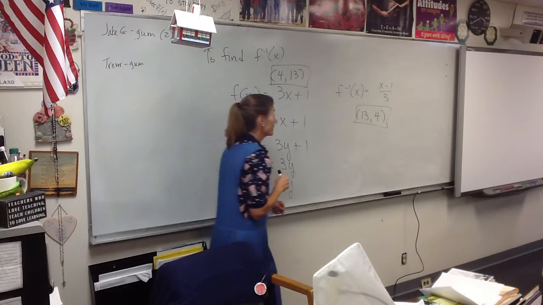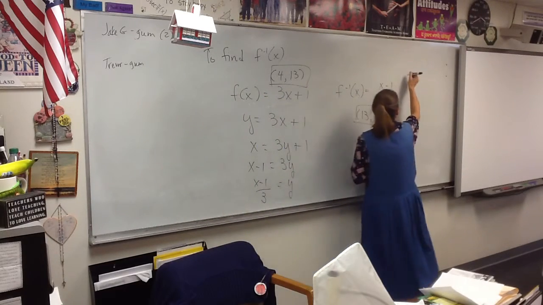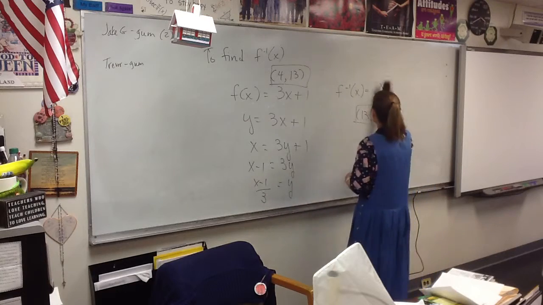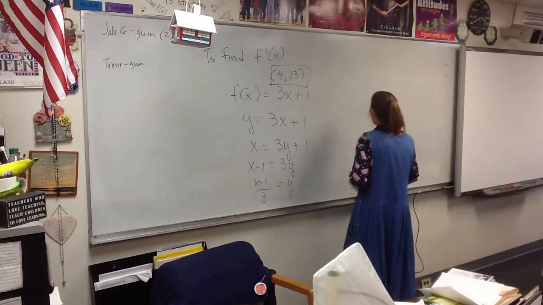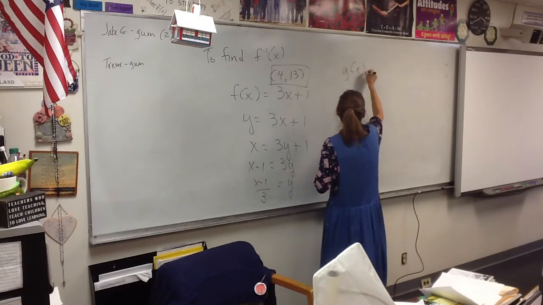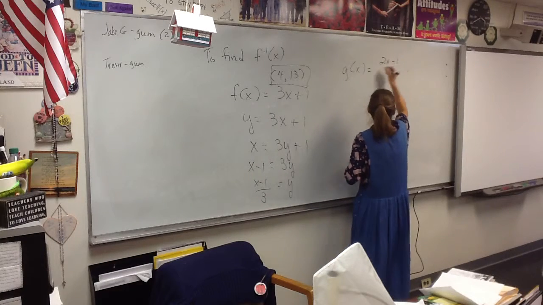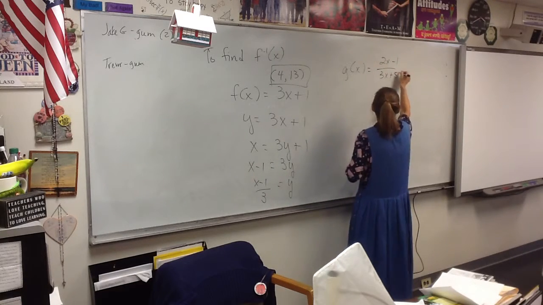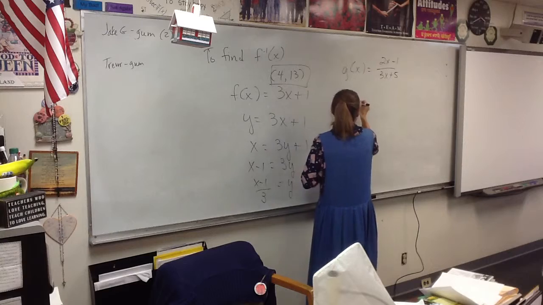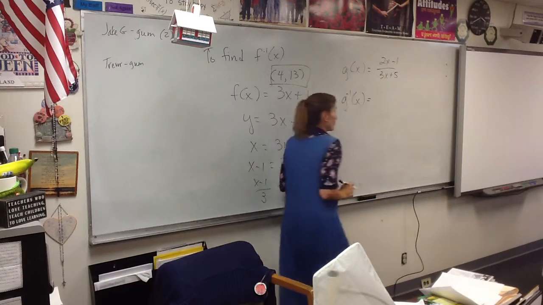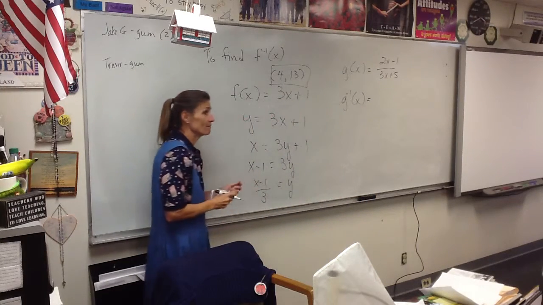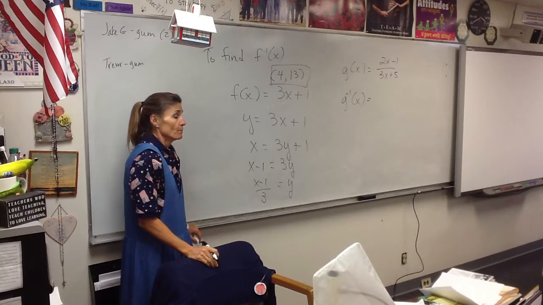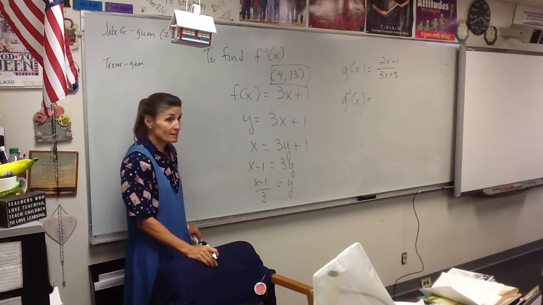Okay? Let's try a little harder one. What if we had to find the inverse of this function? We want to find the inverse of that function. Now, we're going to use Bailey's steps exactly.